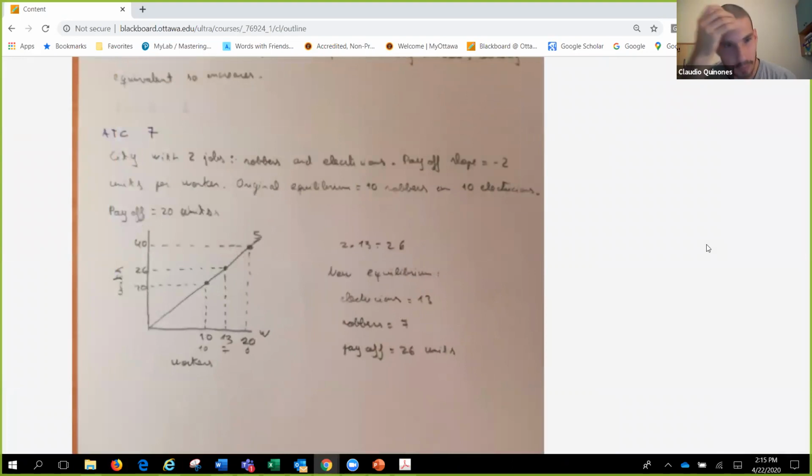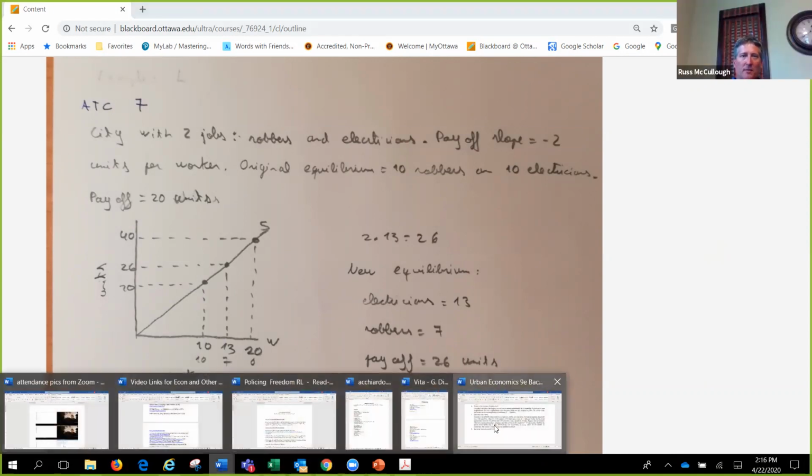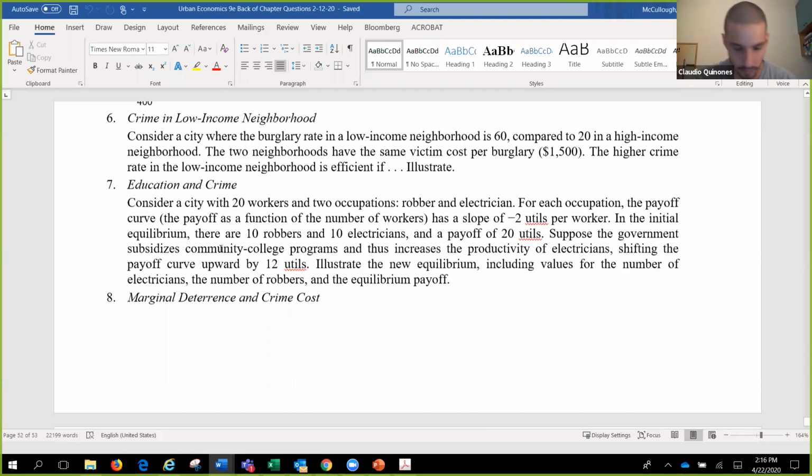I don't remember the problem, but what I tried to do is calculate the new equilibrium. Okay. Why? Can you pull up the problem, Russ? I guess I can. The actual question? Yeah, the question. I just don't remember the question. I had it up earlier already. So education and crime. Consider a city with 20 workers. So there's 20 and there's 2 occupations only, robber and electrician.